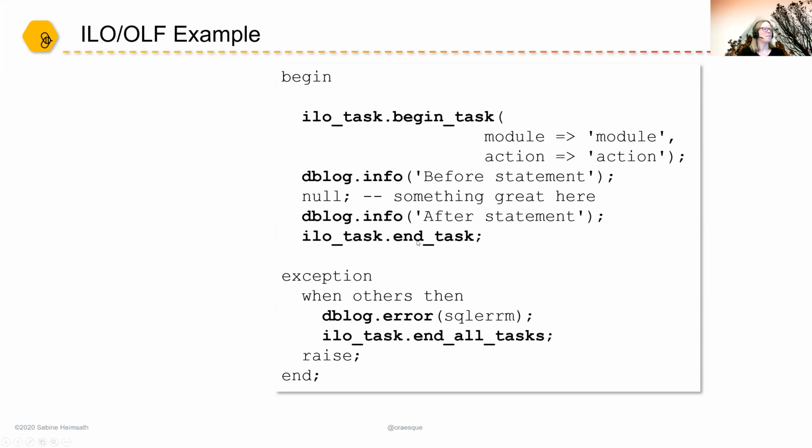Another info and the end task. And of course, never forget to do some cleanup in the exceptions block, ILO task and all tasks. And of course, the raise. I mean, if you don't use the raise, you should have good reasons for it, but I don't think I have to mention that.